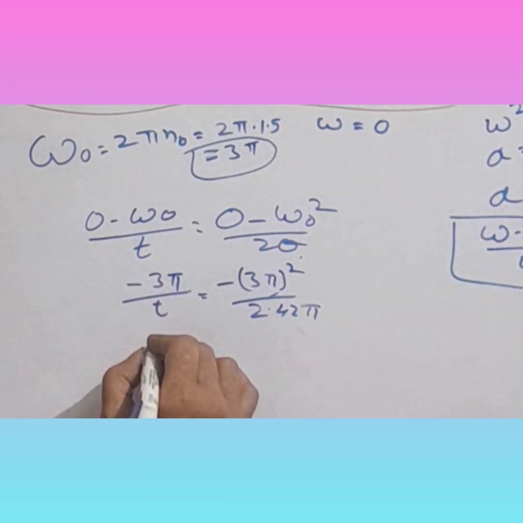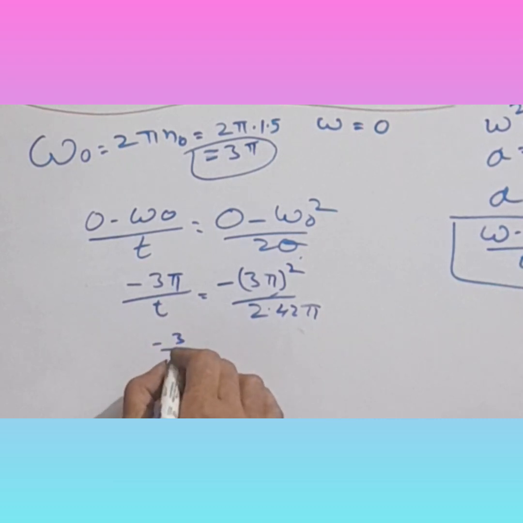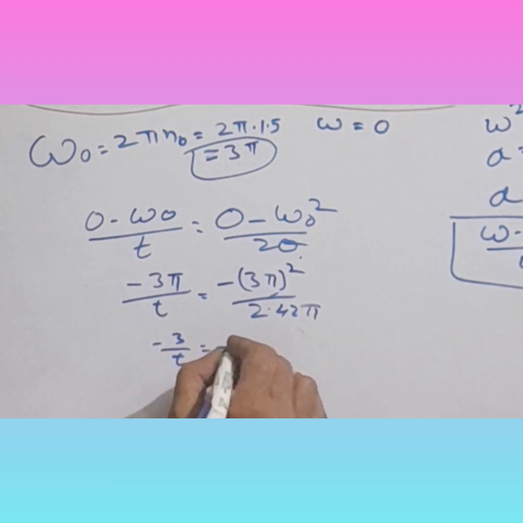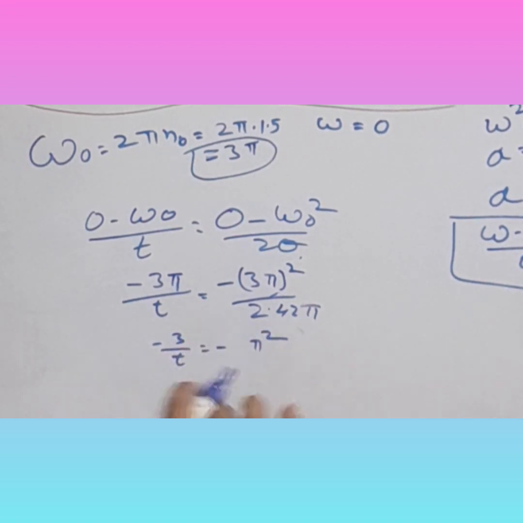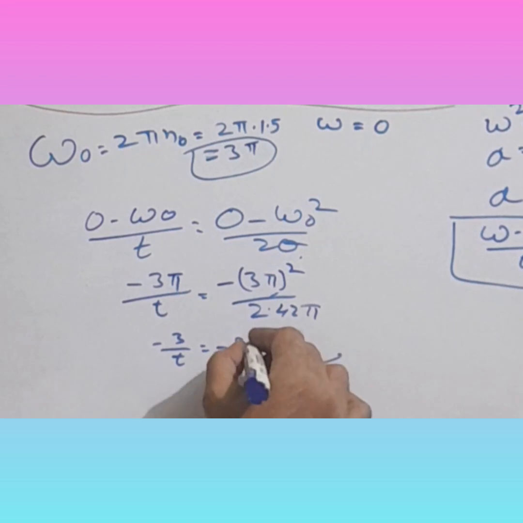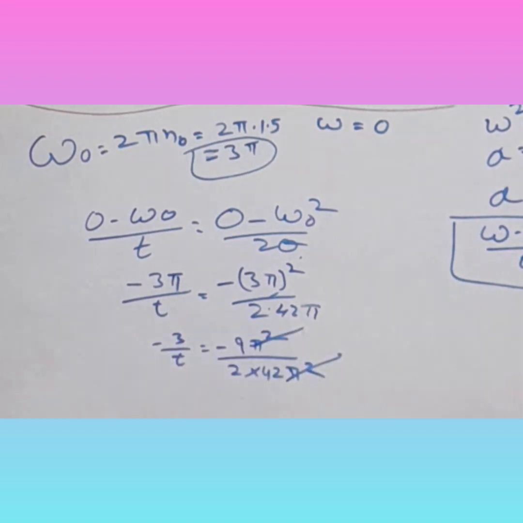So it becomes minus 3 upon t is equal to, I'll make it 9. Yes, pi I took it here, so this goes. So we have got 9 over here.